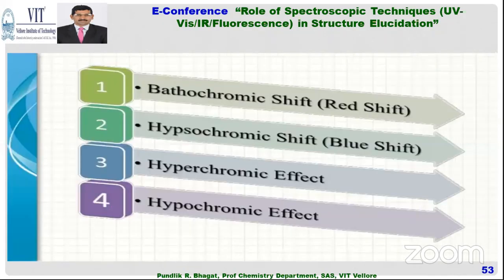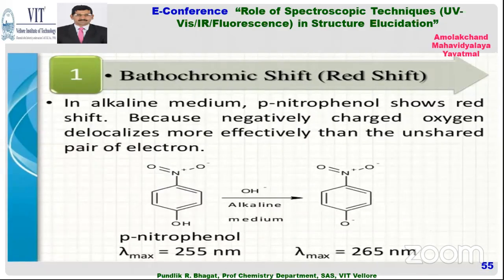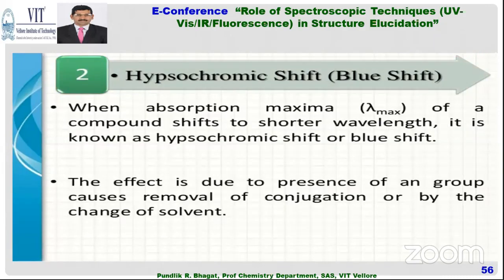That is called a bathochromic shift. And hypsochromic shift: any group which reduces the intensity of light and shifts towards the blue, or where the intensity of light decreases, is called hypsochromic.